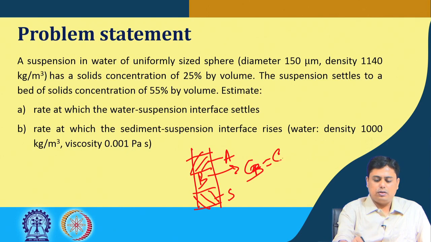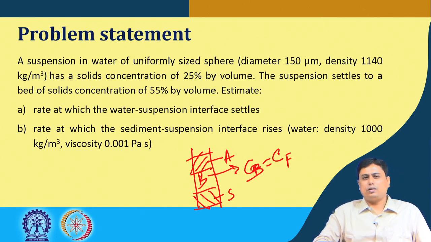CB is equal to CF, the initial concentration.